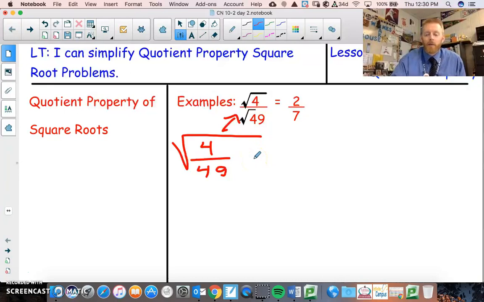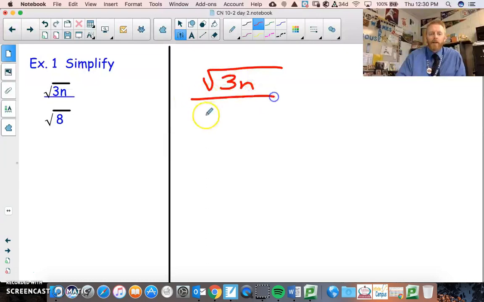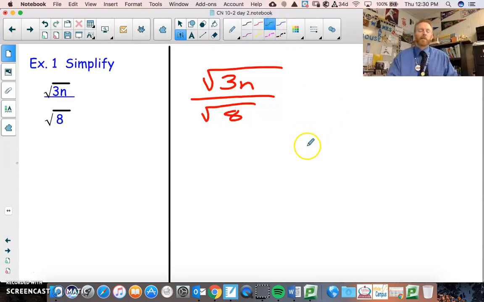Now there are much more difficult things that are going to take place here, and I'll show you that in just a second. So on this particular problem, where I have the square root of 3n over the square root of 8, in order to simplify this, we have a rule where we cannot have a square root on the bottom.